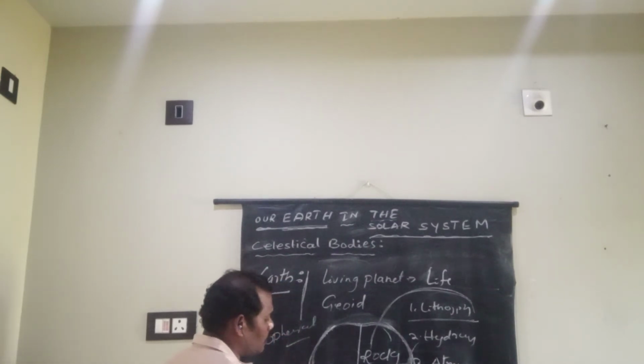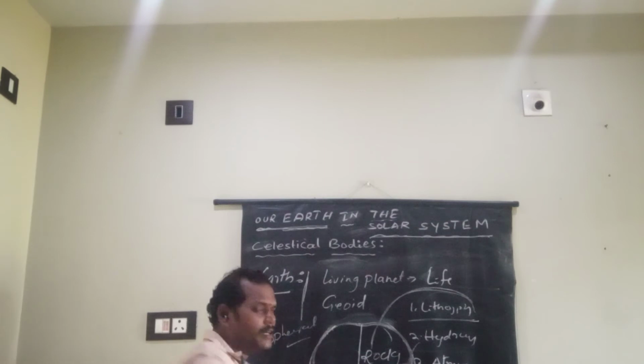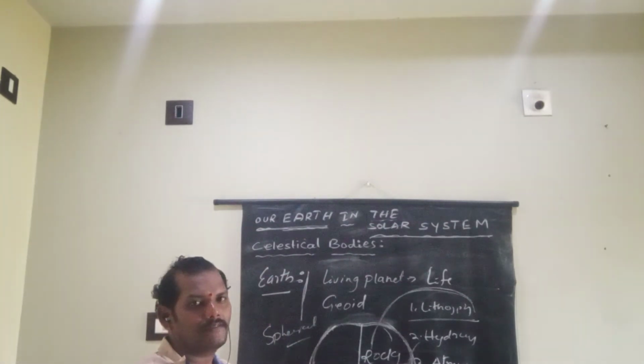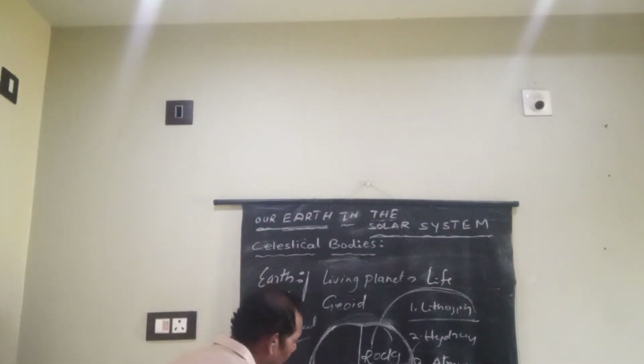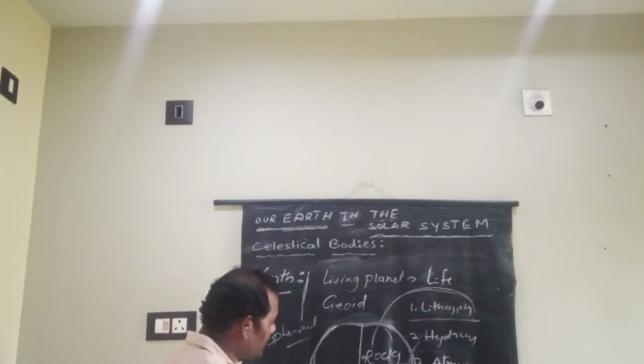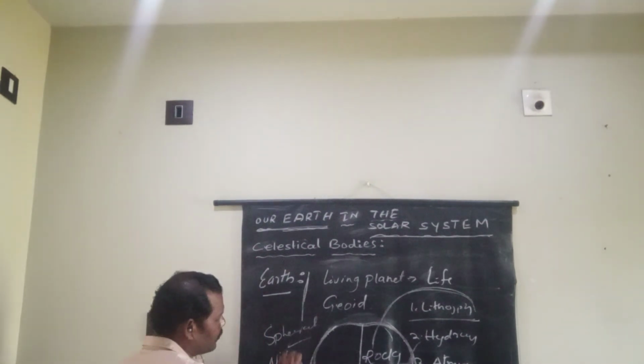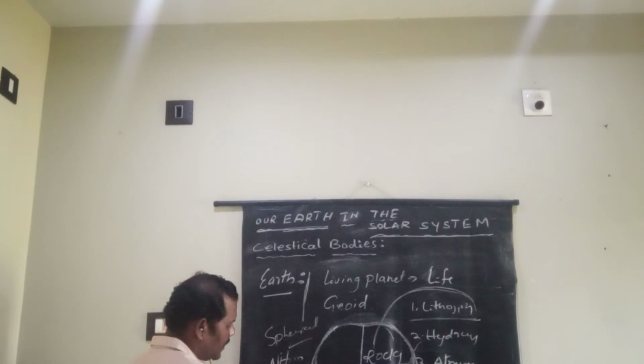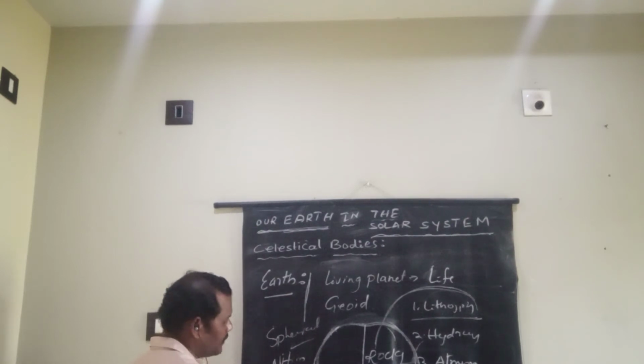And another one, the atmosphere. The atmosphere is the layer of gases surrounding the earth. The important gases here are nitrogen, oxygen and carbon dioxide.